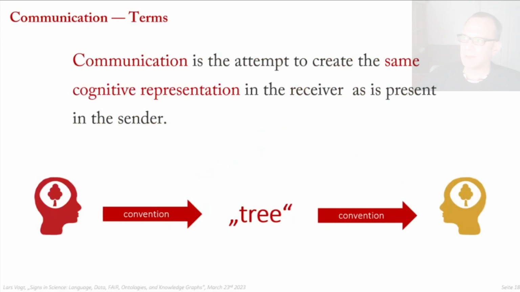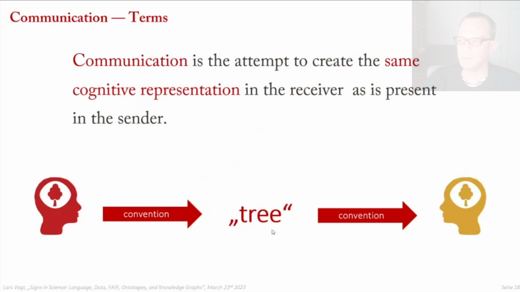So when we look at the communication of terms between two humans, the goal is to create the same cognitive representation in the receiver of the message as the sender has. And this works only if both use the same set or a very similar set of conventions.